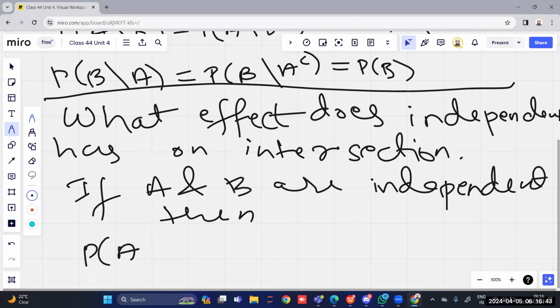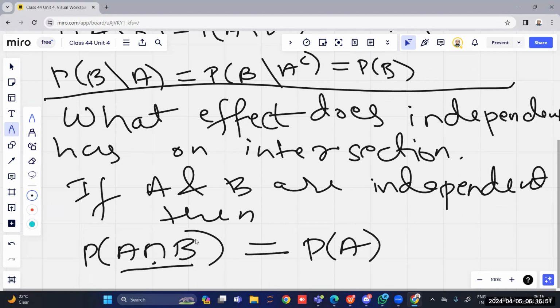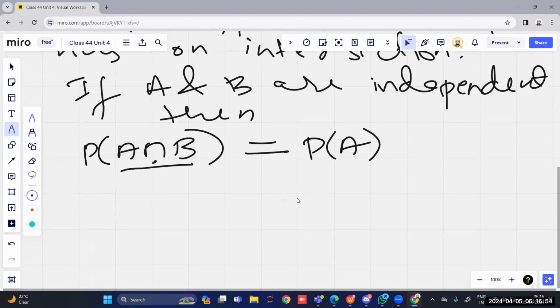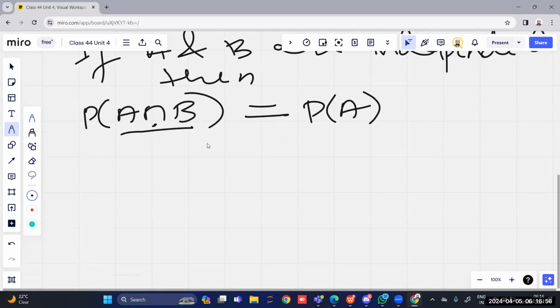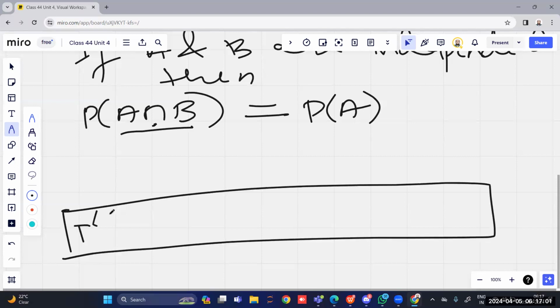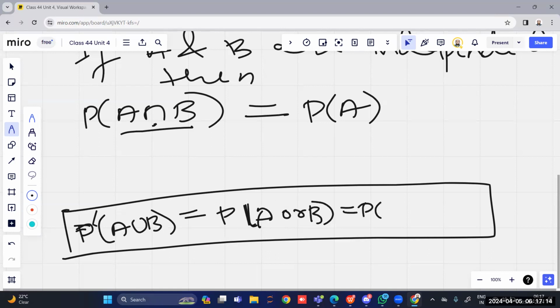Probability of A intersection B can be found as follows. I've told you when we were studying "or" that "or" means probability of A or B is probability of A plus probability of B. We took "or" and union as plus.